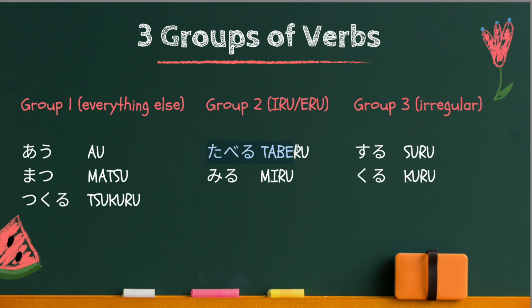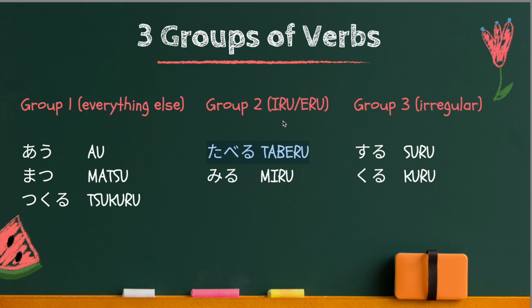And this taberu is called dictionary form or plain form or casual form. So far you only know one form, which is masu form, such as tabemasu, mimasu, nomimasu. This masu form is a polite form, but taberu is dictionary form or casual form, and this is a basic form.